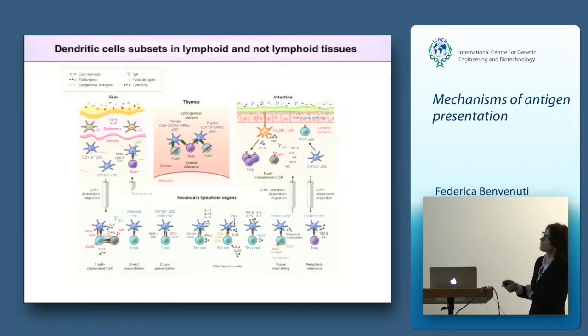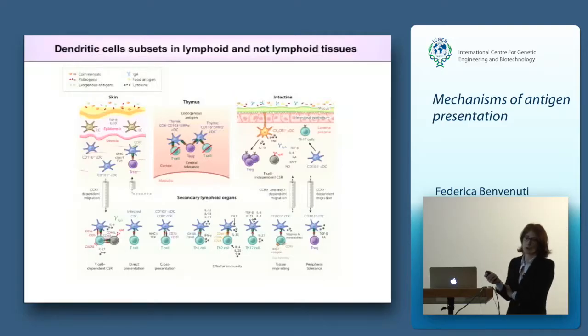Once they have captured a pathogen, they migrate in a CCR7 dependent mechanism to lymph nodes, where they can present antigens to CD4 T cells, cross-present antigens to CD8 T cells, or induce B cells to undergo class switch recombination.